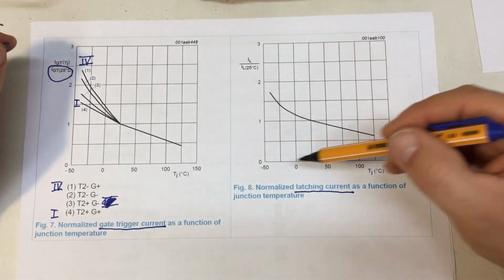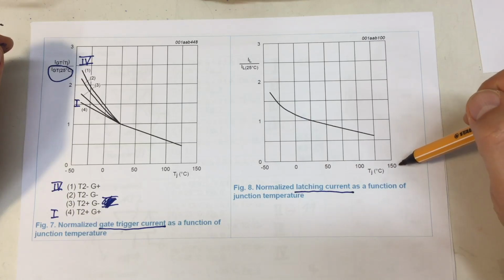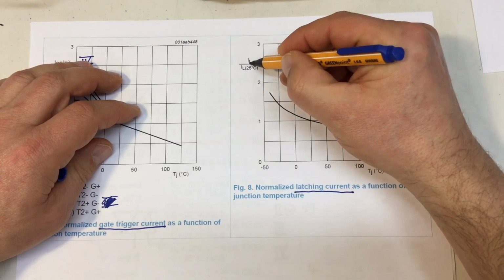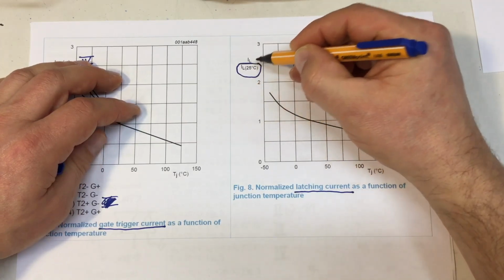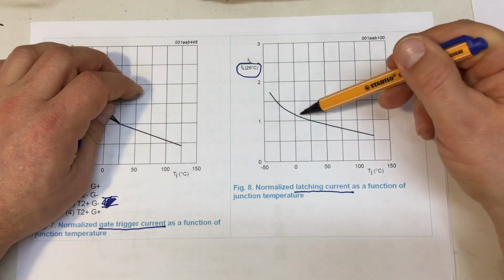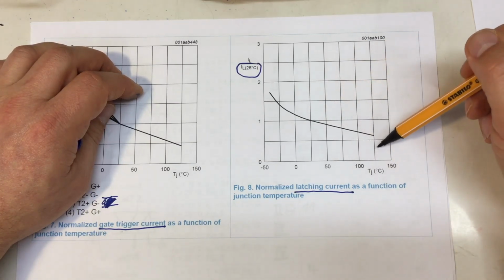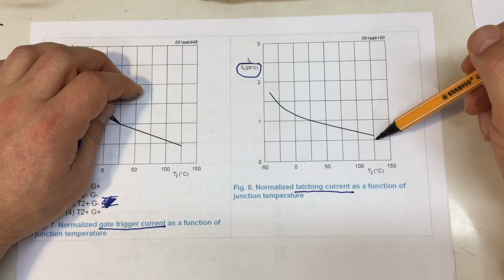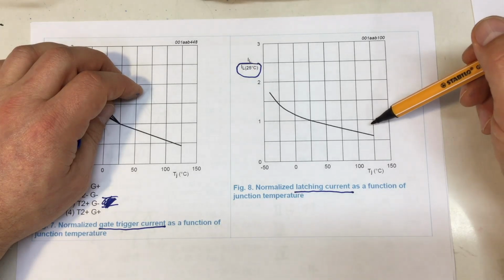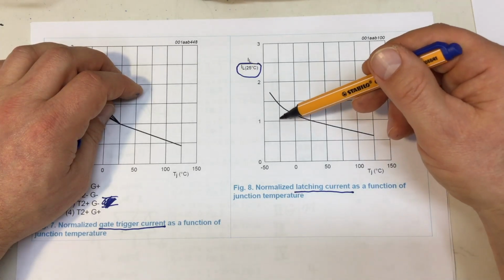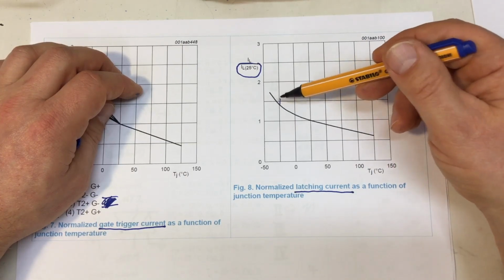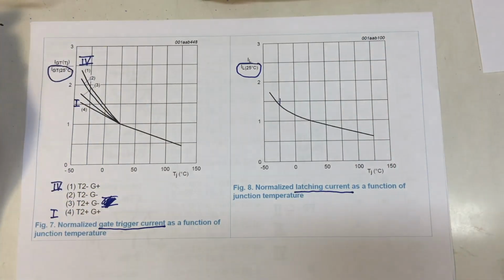It's also relative, so minus 50 to 150 degrees C, and the relative current to the current specified at 25 degrees C. About the same. For 125 degrees C, we need only apply a little more than half, but at minus 25, we need to apply 1.5 times the current.